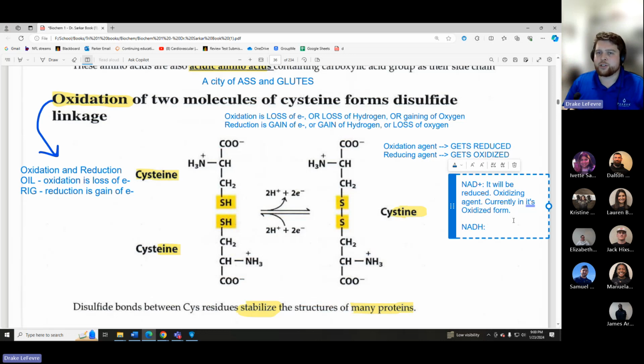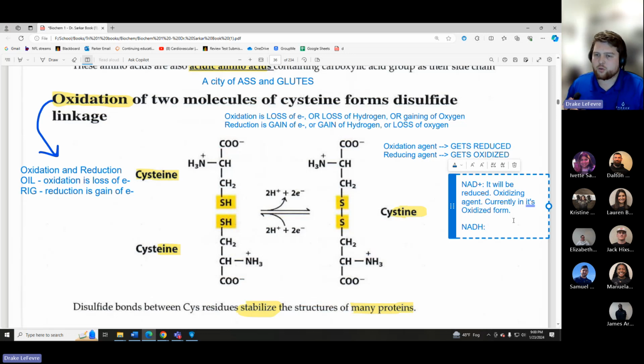A reducing agent is the thing that gets oxidized. What is getting oxidized? Most commonly, look for the hydrogens. Follow the hydrogens. That's a lot of what will change, especially in the kind of biochemistry that we're looking at.